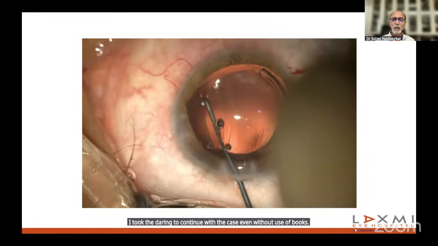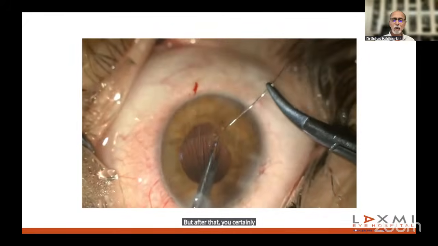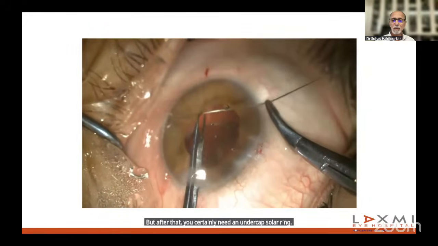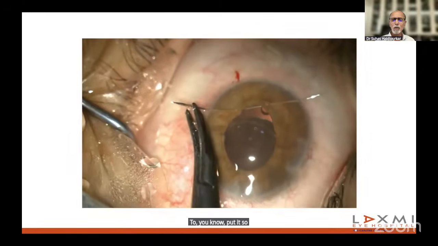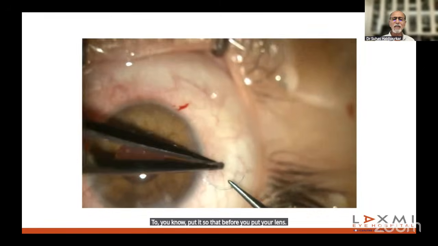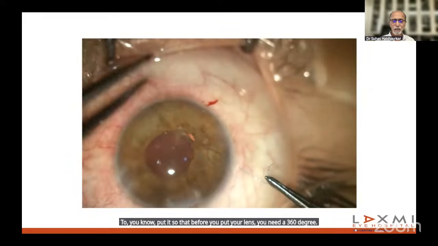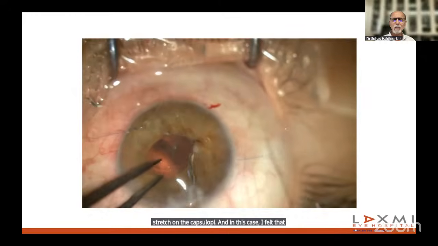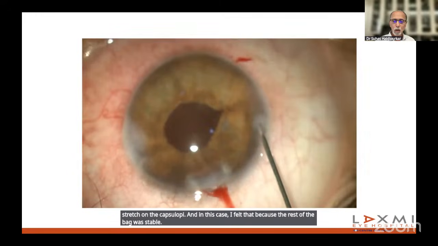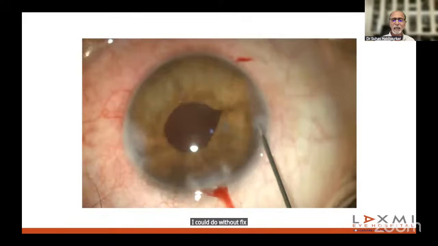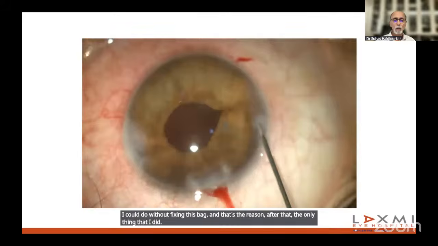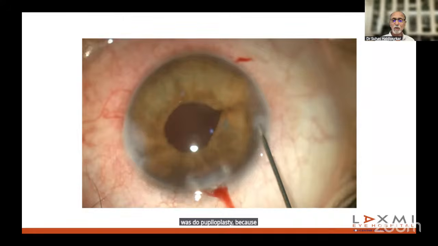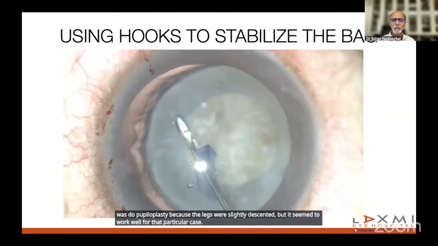But after that, you would certainly need an endocapsular ring, so that before you put your lens, you have a 360-degree stretch on the capsular bag. And in this case, I felt that because the rest of the bag was stable, I could do without fixing this bag. And that's the reason after that, the only thing that I did was pupilloplasty because the lens was slightly decentered, but it seemed to work well for that particular case.